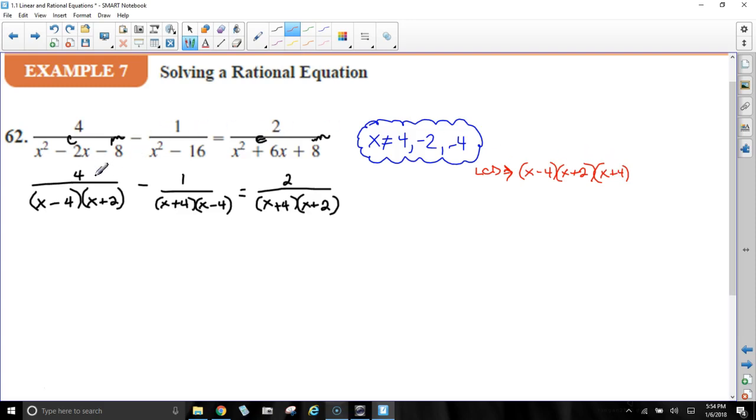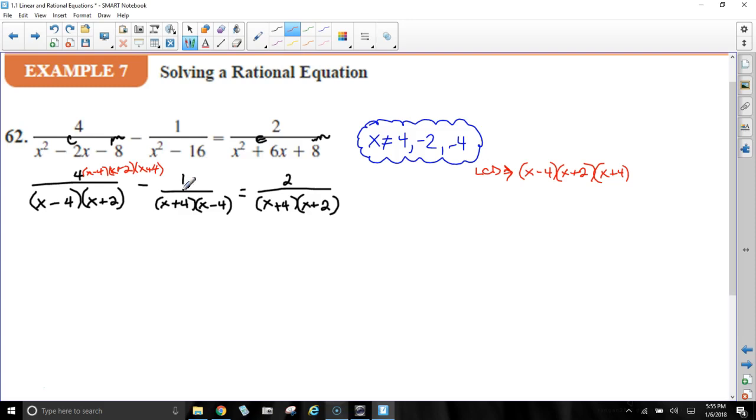However, the good news is you don't have to multiply those together. What you do want to do is go through here and multiply each of these three terms by x minus 4 times x plus 2 times x plus 4 everywhere. Okay?